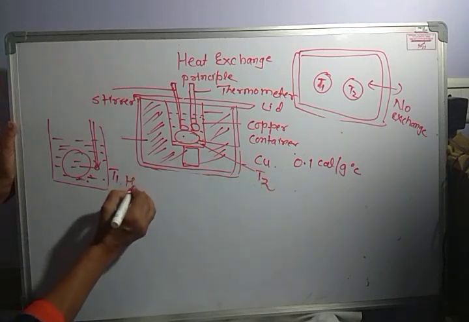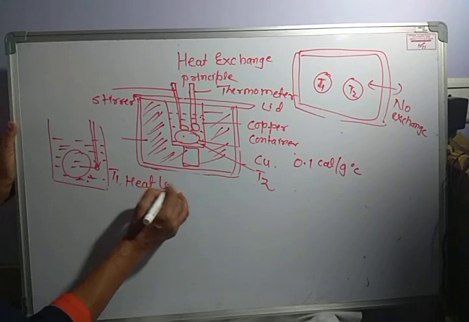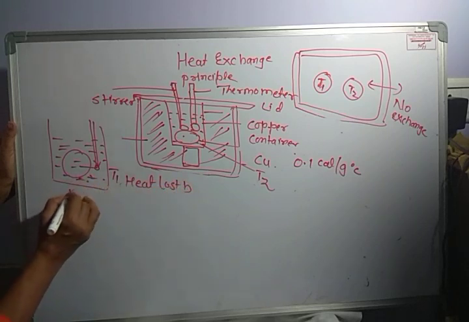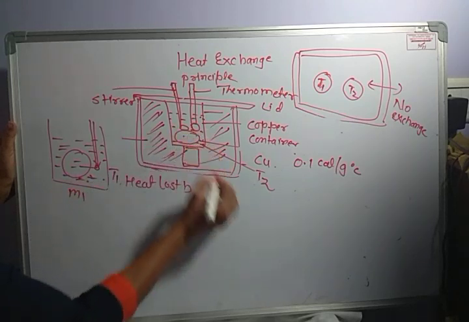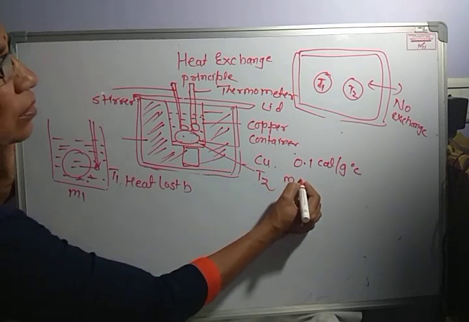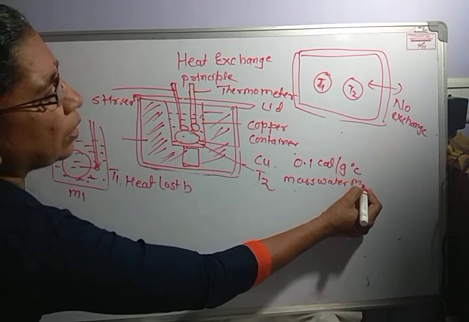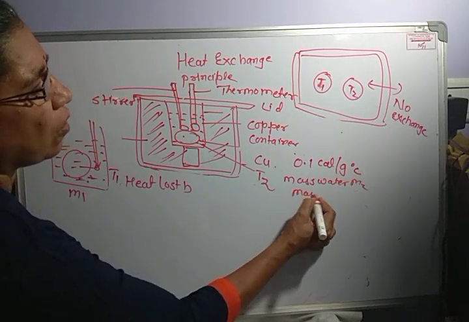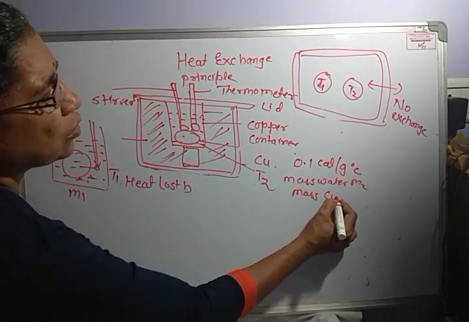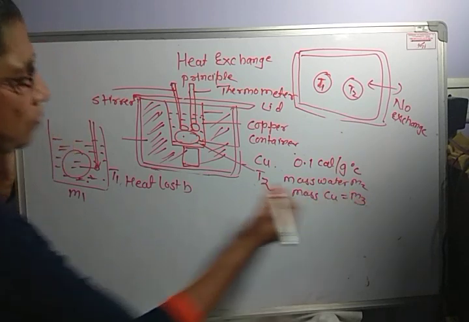Then the heat lost: its mass is m1, the mass of water is m2, and the mass of the calorimeter, copper, is m3.